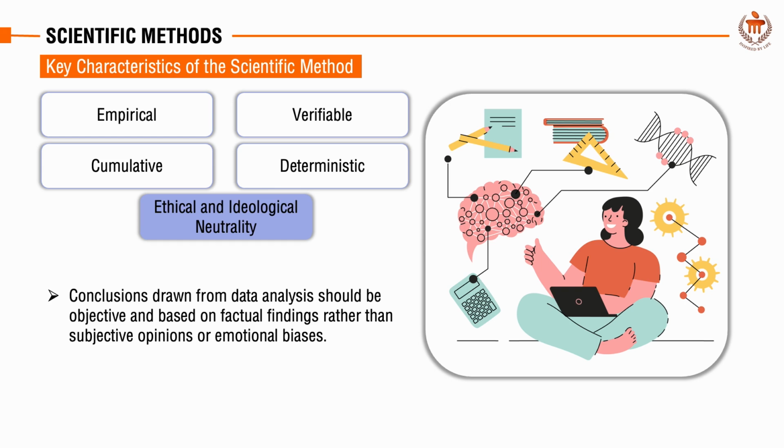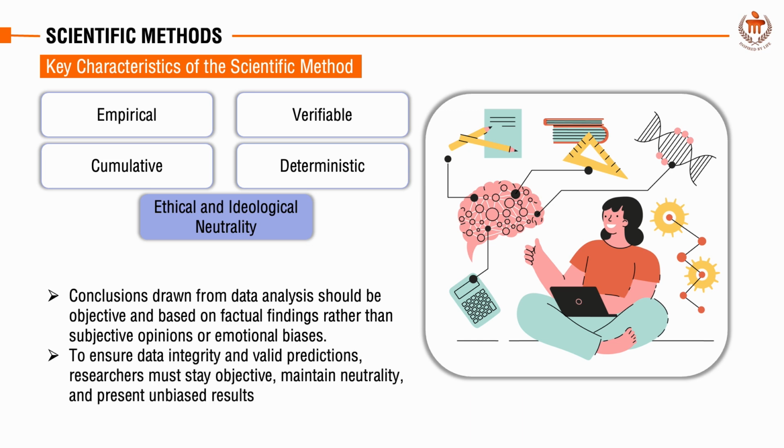Such arguments would reflect personal beliefs rather than evidence-based findings. Researchers, being human, may have personal ideologies, cultural ties, or biases that could affect their work. To ensure data integrity and valid predictions, researchers must stay objective, maintain neutrality, and present unbiased results.